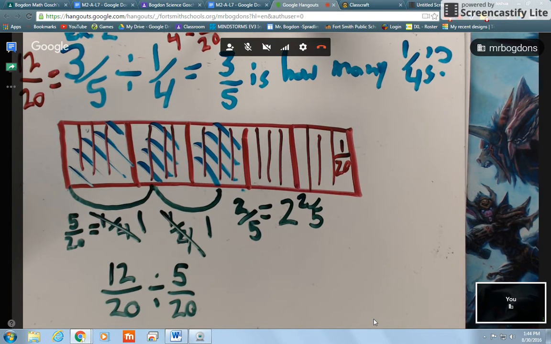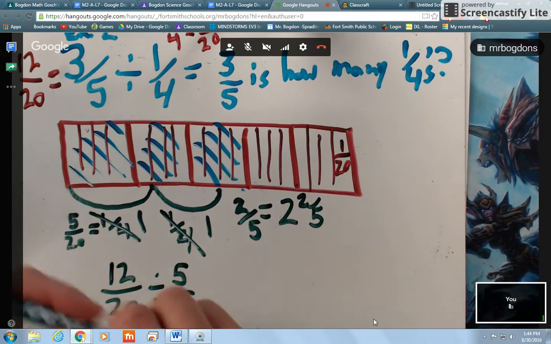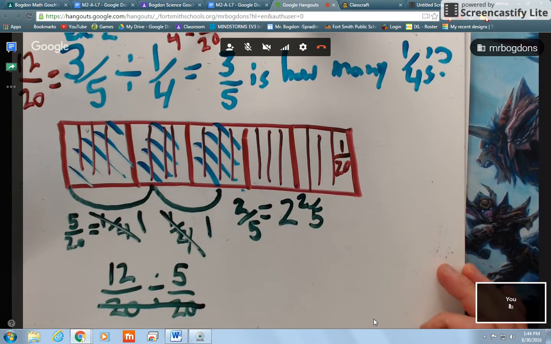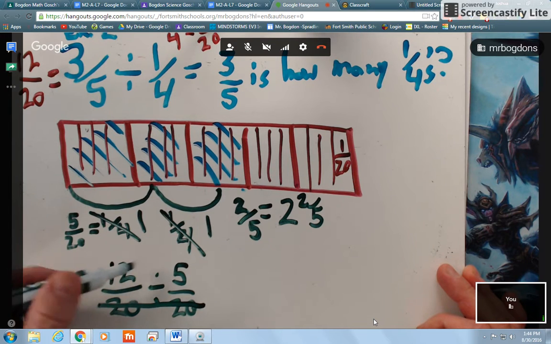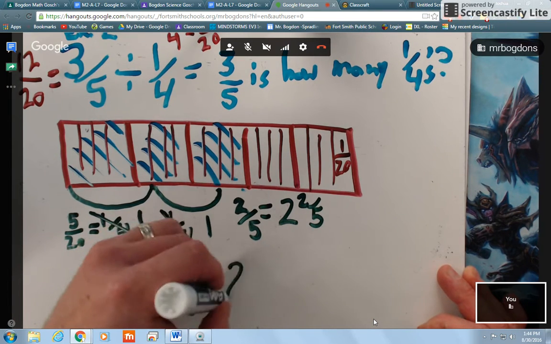Yeah, ignore it, because remember I did that whole annoying, what's 8 divided by 2? 4. What's 800 divided by 200? 4. What's 8 ninths divided by 2 ninths? 4. So I know that if the bottom is the same, just ignore it. So then how many times will 5 go into 12? 2 times, with how many left over? 2 and 2/5.